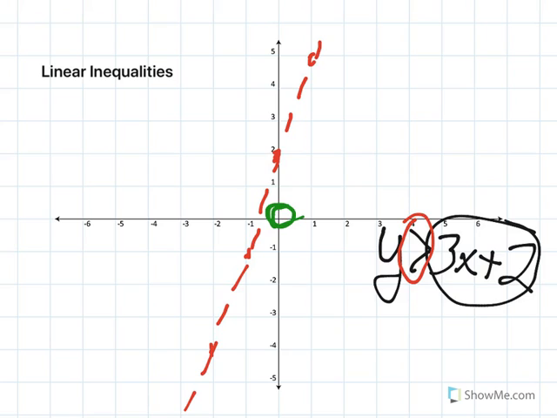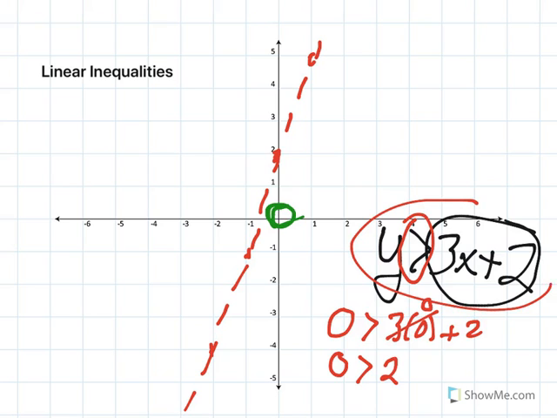So let's look. If y is 0, is that greater than 3 times 0 plus 2? And 3 times 0 is just 0. So is 0 greater than 2? No, it isn't. That means the origin does not satisfy this inequality here.